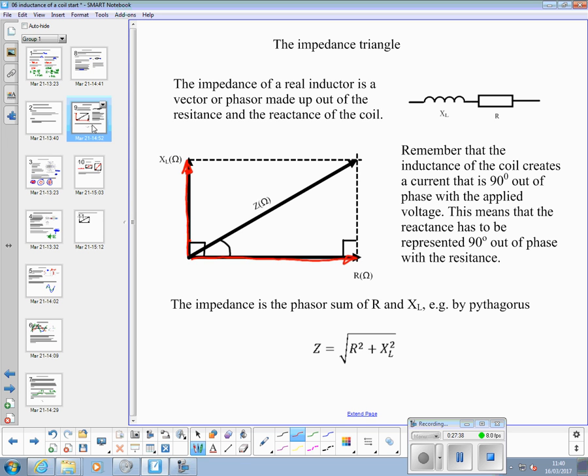Then if we resolve that triangle created there from a parallelogram, our impedance Z is the value up the hypotenuse there. Okay? And then eventually, in AC theory, we'll be wanting to know what this angle is in here.